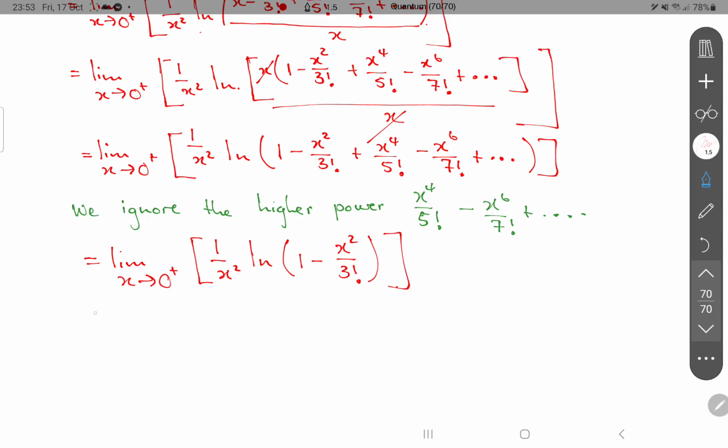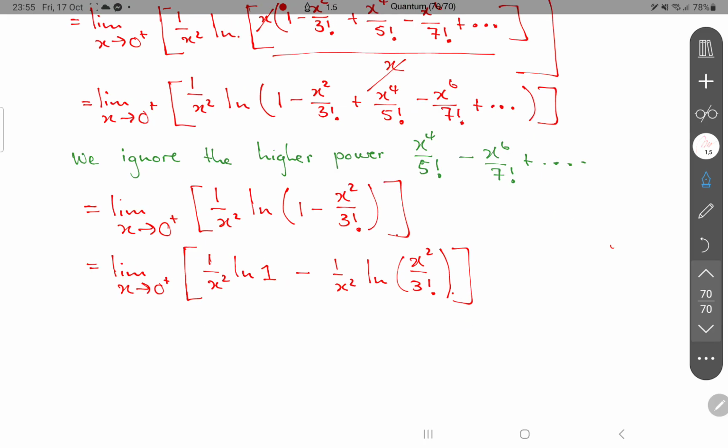So if we expand it, it's the limit as x approaches 0 of 1 over x squared times the natural logarithm of 1 minus 1 over x squared times the natural logarithm of x squared over 3 factorial.